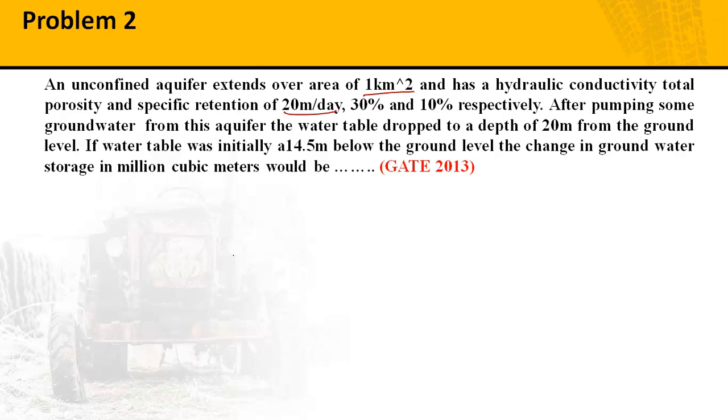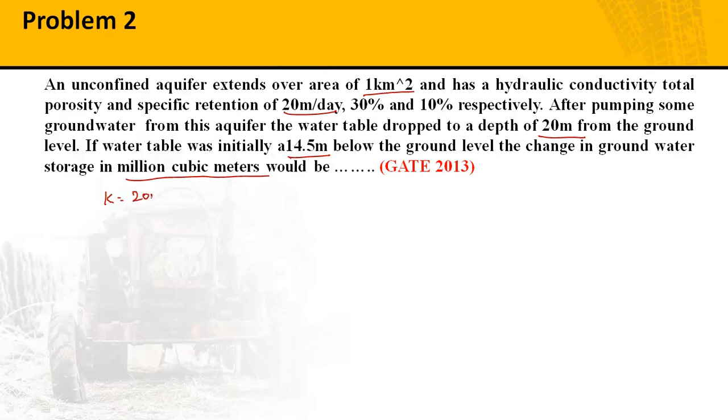After pumping some groundwater from this aquifer, the water table dropped to a depth of 20 meter from the ground level. If the water table was initially 14.5 meter below the ground level, the change in the groundwater storage in million cubic meters would be? First write the given data.